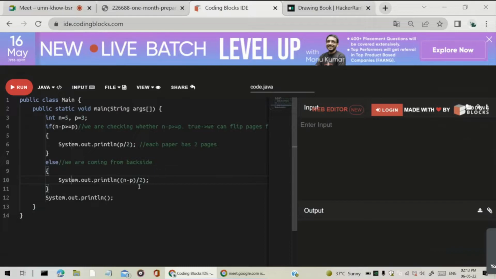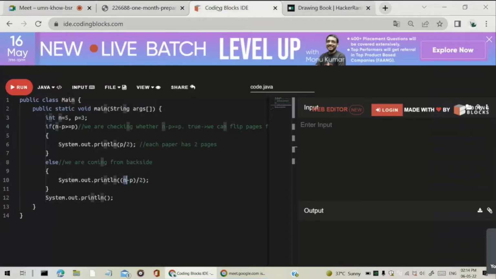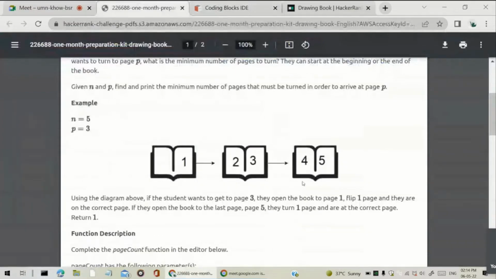But what happens when n is even? Let us assume that n is 4, then (n minus p) by 2. N is 4 and p is 3. 4 minus 3 is 1. 1 by 2 means we will get, as we have taken integer, 0 point something, which is nothing but 0.